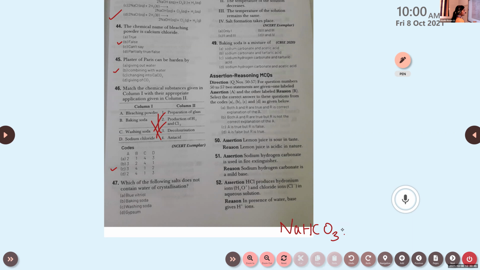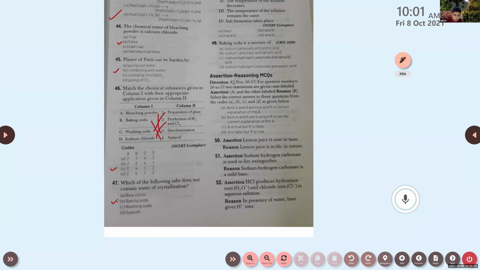So in the case of baking soda, there is no water molecule. But in the case of washing soda, in the chemical formula, it is Na2CO3, 10H2O, right? Gypsum, that's the water containing substance of plaster of Paris, right? Option B, baking soda. It does not contain water of crystallization.